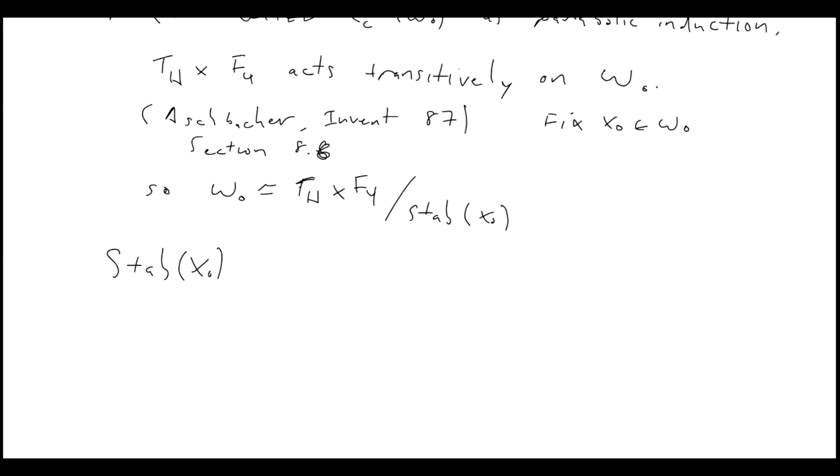Omega 0 is, so we have our Jordan algebra. The trace 0 elements in the Jordan algebra form the 26-dimensional representation of F4. And then we can look at the orbit structure. I should be a little bit careful.